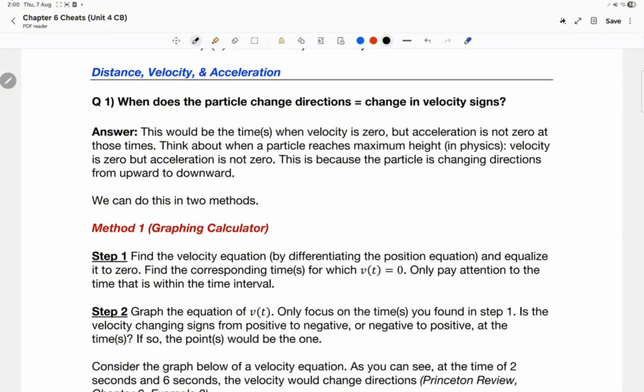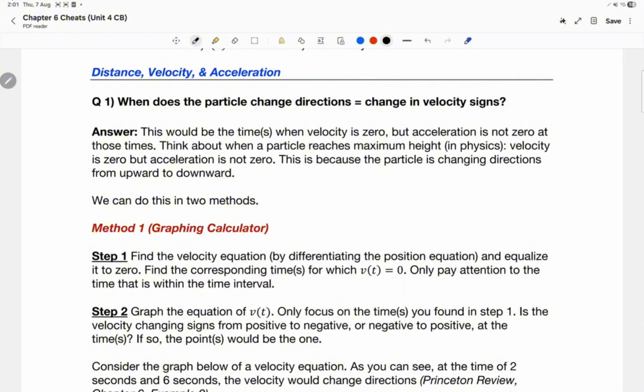What does change directions mean? It was going right, and now it's going to be going left, for example. Or it was going left, now it's going to be going right. Or it was going up, now it's going to go down. Or it was going down, now it's going to go up.